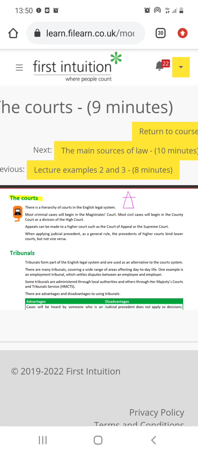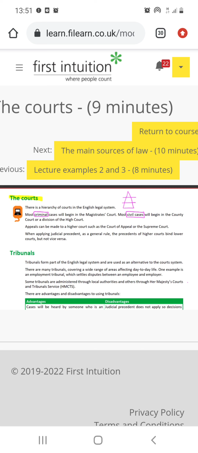With an organisation, we have the board of directors at the top, we have our middle management in the middle, and at the bottom of the hierarchy, we have our day-to-day operational staff. So, very similar with the courts, we have a hierarchy, an order that we go through. Now, it does depend if it's a criminal case or if it is a civil case.